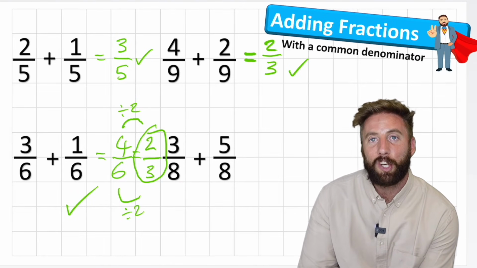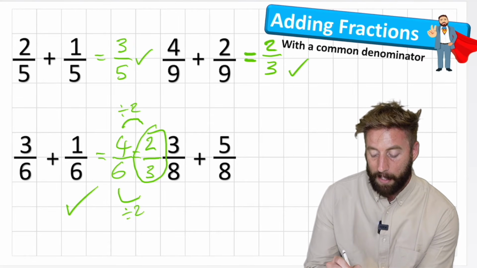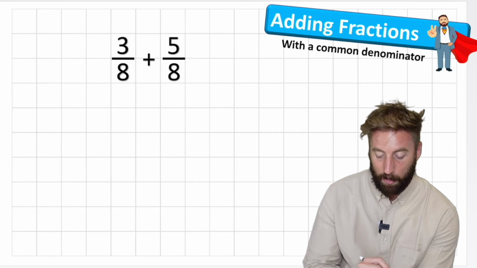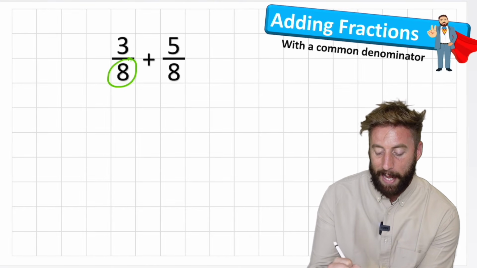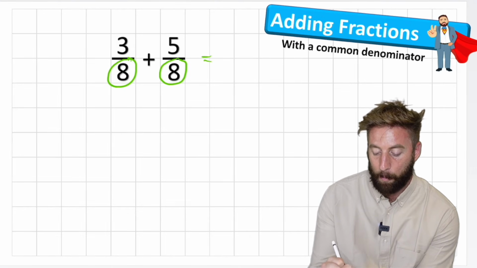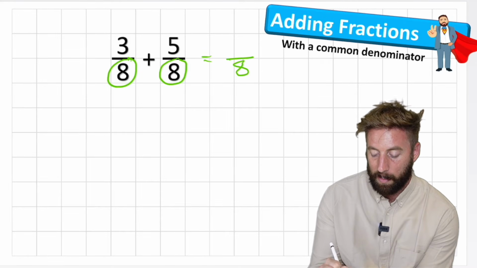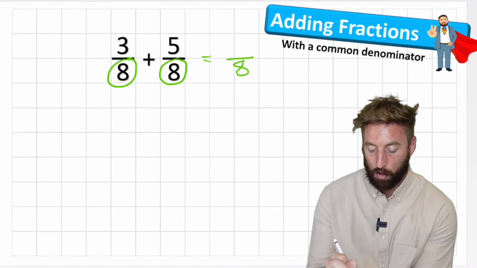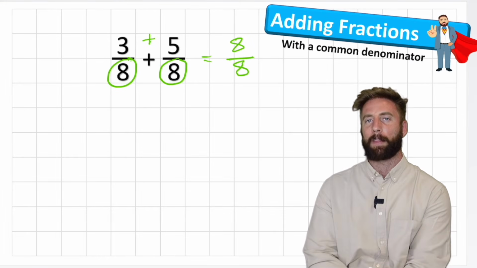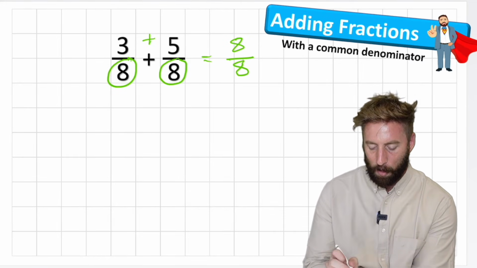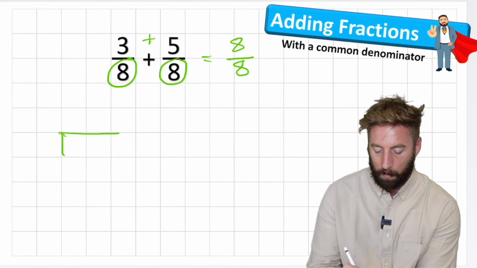Now last question here is a little bit different. I have 3/8 plus 5/8. Let's have a look at it. So same thing again. I'm working in eighths. Therefore my denominator will still be an 8. And now I can just add my two numerators. 3 add 5 equals 8. 8/8. Let's have a look what that looks like in our bar model. 1, 2, 3, 4, 5, 6, 7, 8.